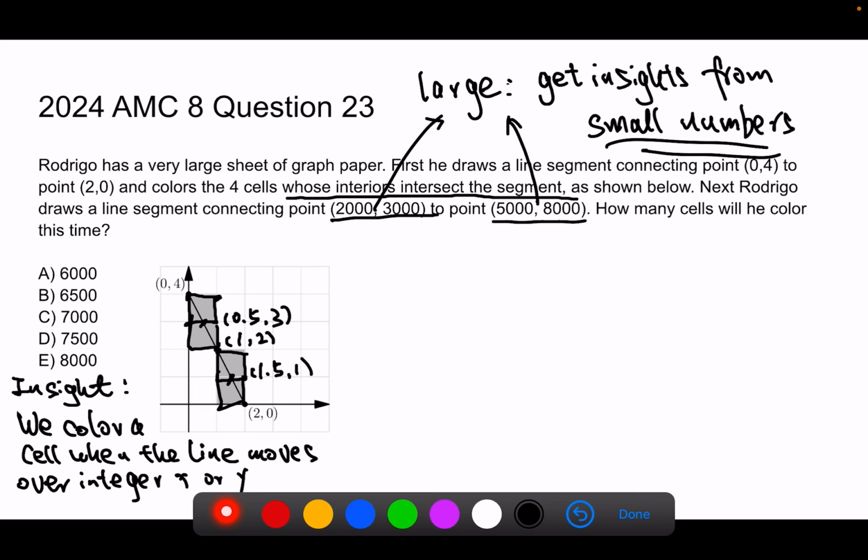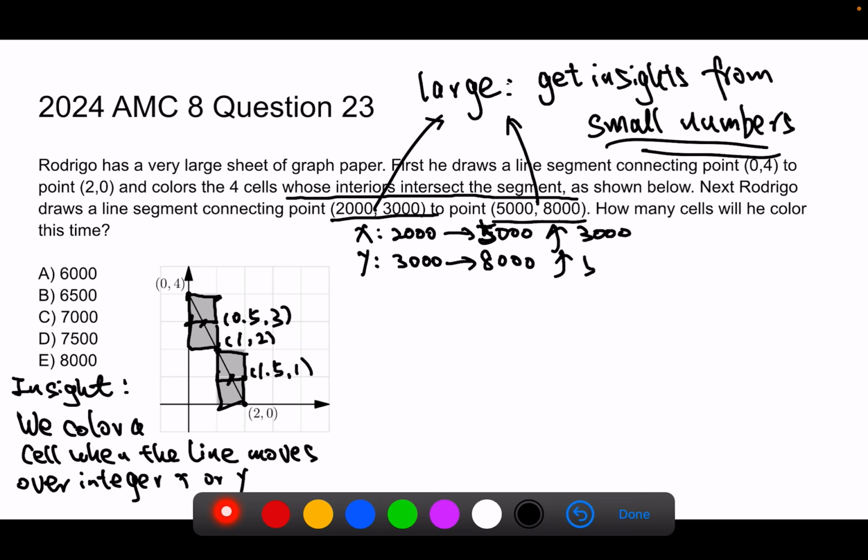Now, let's take a look at our four very large numbers. X starts from 2000, goes to 5000. You need to increase this by 3000. Y starts from 3000, goes to 8000.